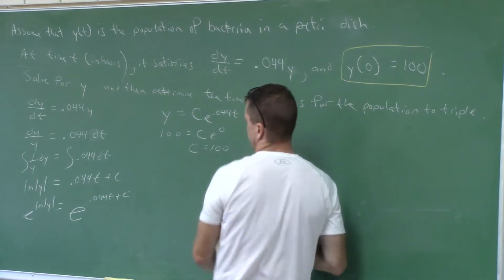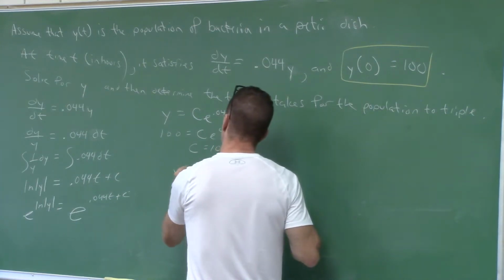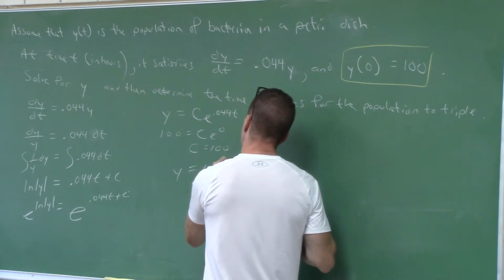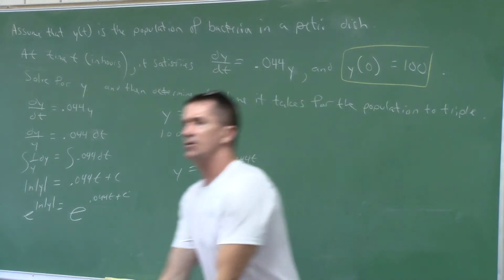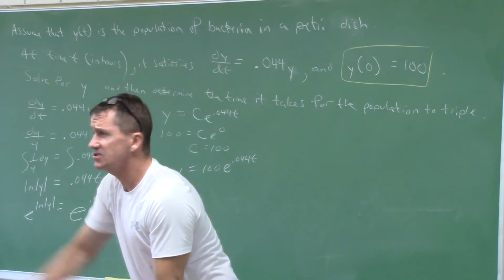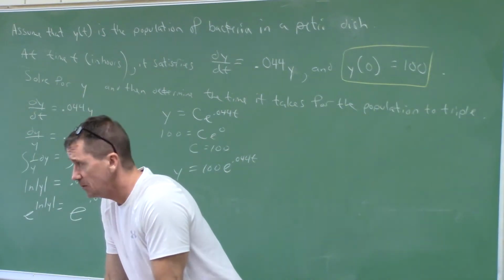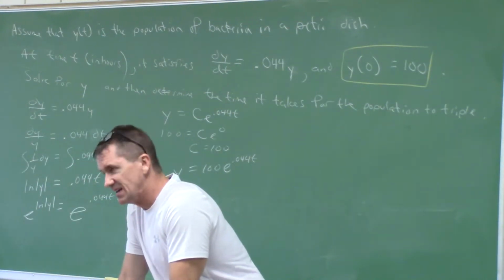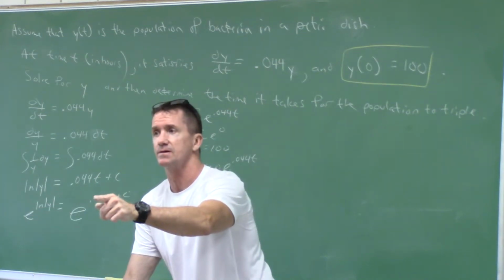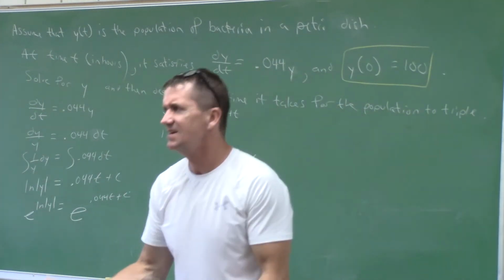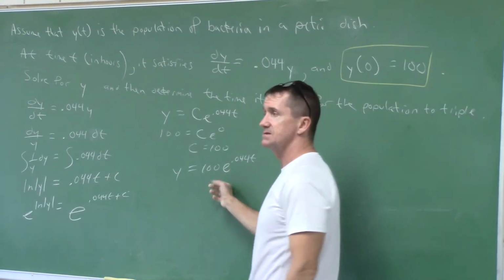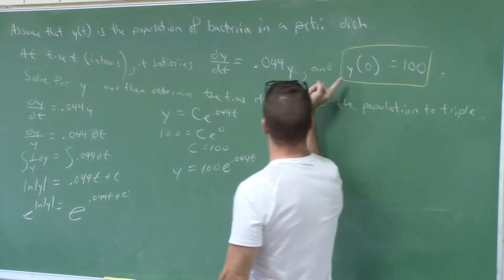The initial amount. y equals 100 e to the 0.044t. It's interesting. You might ask, is C always the initial amount in every problem we do in this course? Not necessarily. That didn't happen with Newton's law of cooling. Remember we got C equal to 75? But in this problem it turned out to be just the initial amount.